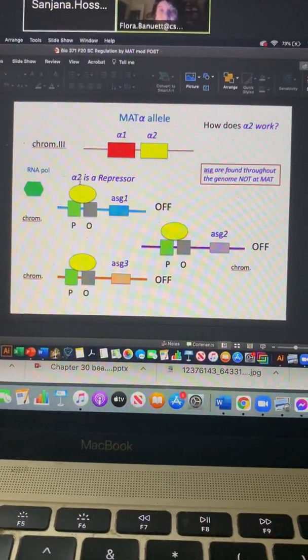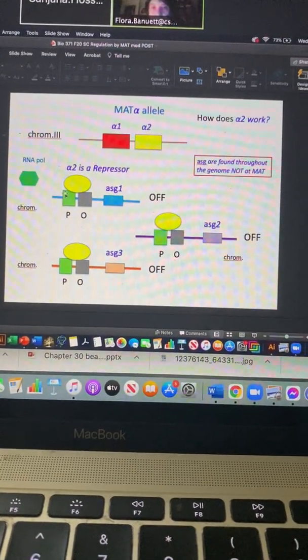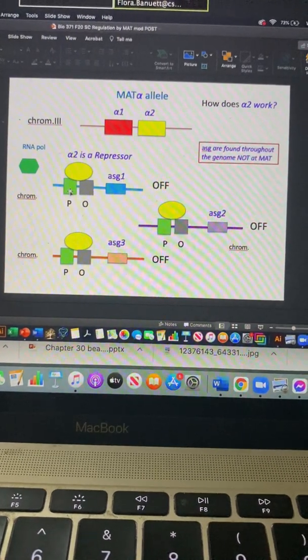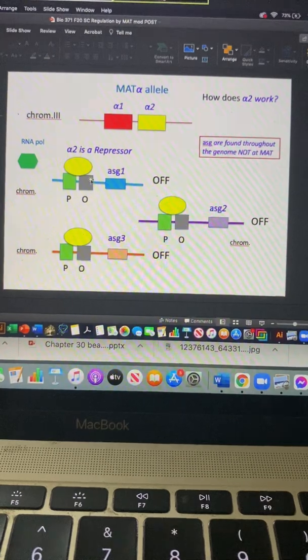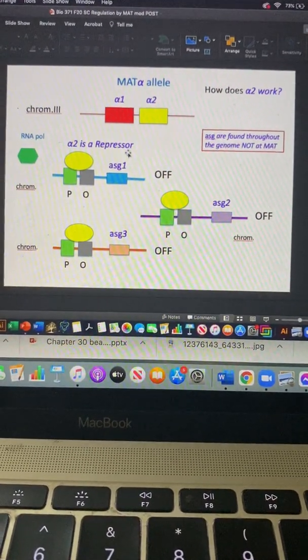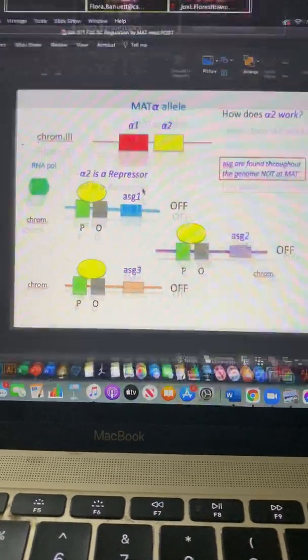Alpha 2 binds to the operator site and blocks RNA polymerase from binding to the promoter. It is not binding to the promoter, just to the operator, but it blocks RNA polymerase from binding there. So it is a repressor of A specific genes.